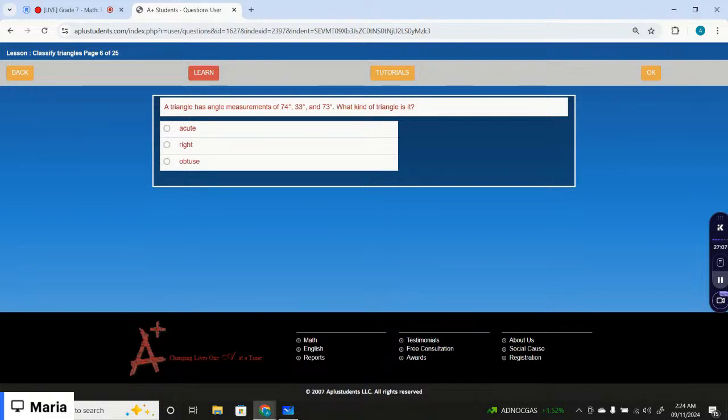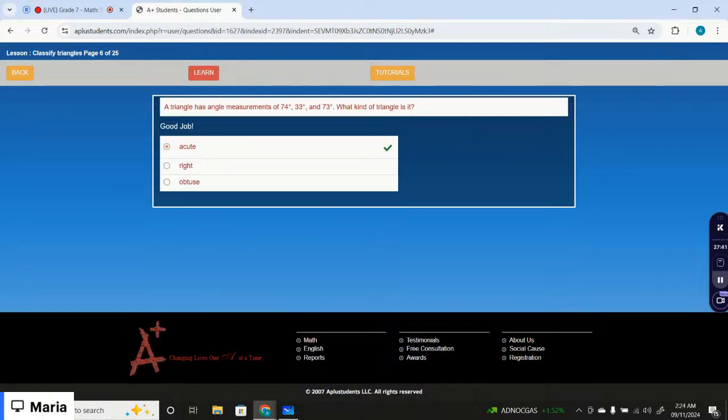A triangle has the measurements 74 degrees, 33 degrees, and 73 degrees. What kind of triangle is it? Which is the correct option? That is an acute triangle because all the angles are less than 90 degrees.